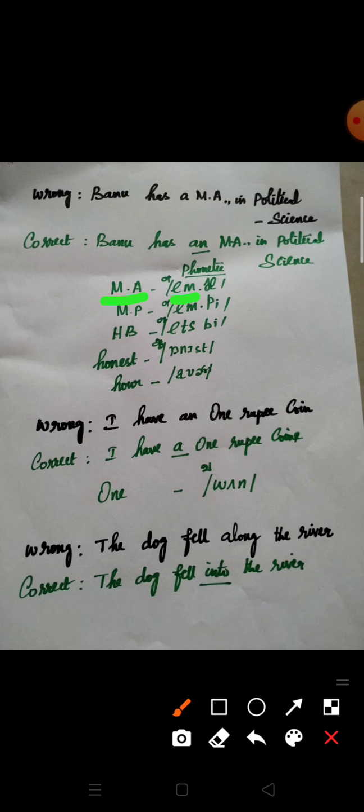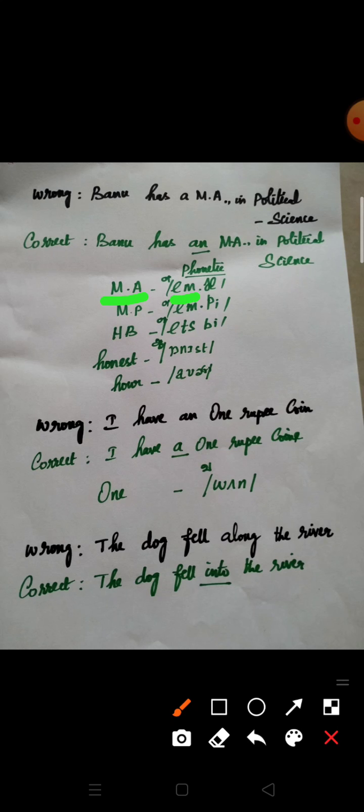Okay. MP, em. HB, here H is a consonant letter, but it is pronounced as aitch, not ha. We should pronounce it as aitch, a vowel sound. And then see here, honest. We should not pronounce it as honest with the H. H is silent. We should pronounce it as onest. H is silent.